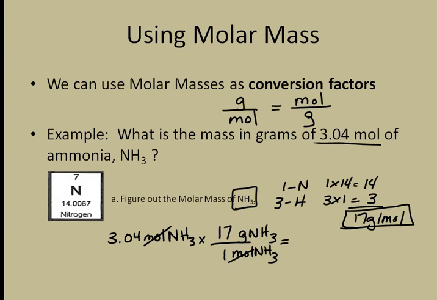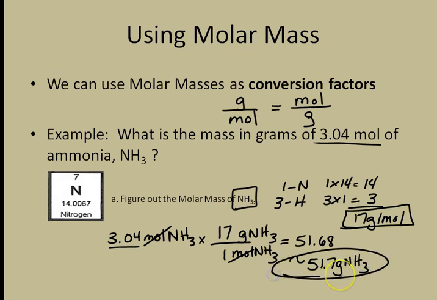Multiply across, and you end up with 51.68. But according to sig figs, I can only have 3, so this would be 51.7, and the answer would be in grams of ammonia. So I've just used molar mass from the periodic table, figured out my conversion factor for ammonia to convert from mole into gram.